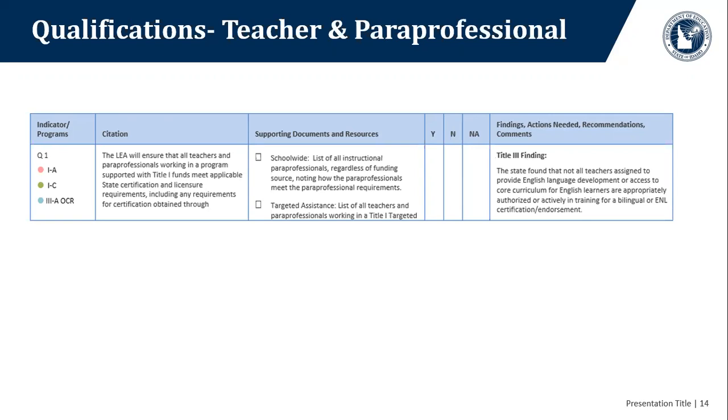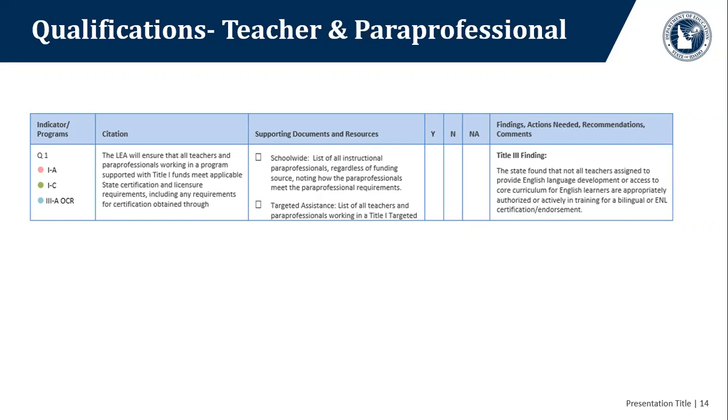All right, so the next section that we look at is qualifications for teachers and paraprofessionals. If you are paying a teacher or a paraprofessional with Title III funds, we want to ensure that those teachers and paraprofessionals are meeting applicable state certification and licensure requirements.